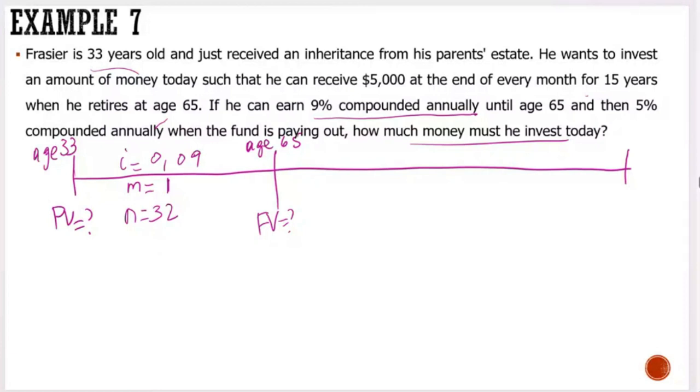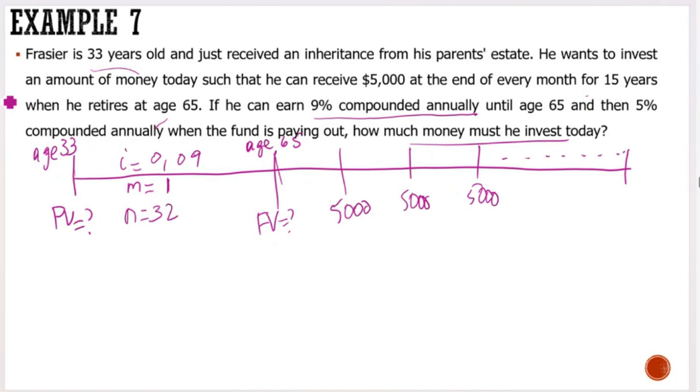Then after this period, he starts to get about 5,000 a month from his investment. That is an annuity, so he starts to have an annuity here. This thing is going to be paid until he is how old?